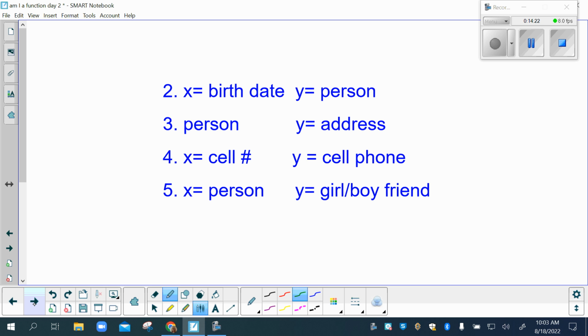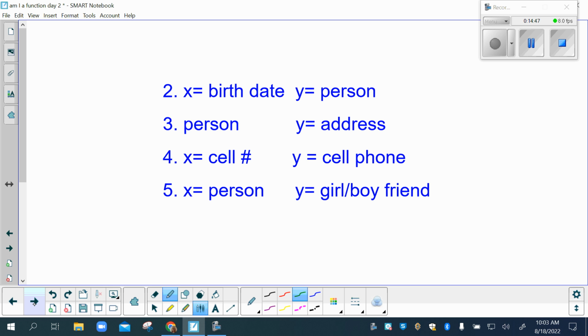And the last one, if I take a person, will I automatically be able to match them to one significant other? Sometimes people are tricky, and you're dating 2 people at once, and I think that's bad. So I would say it's not always a function.